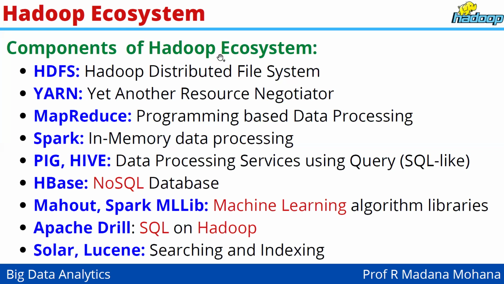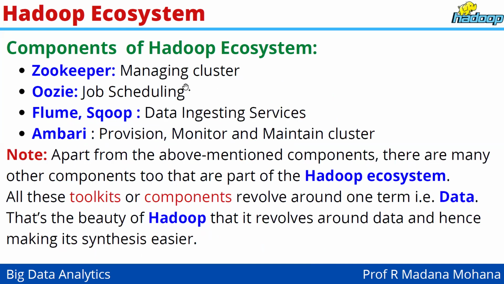Some of the important components are HDFS, which we already saw, Hadoop Distributed File System, then YARN, Yet Another Resource Negotiator, then MapReduce, programming based data processing, then Spark, in-memory data processing, then Pig and Hive, data processing services using query like SQL, then HBase, which is a NoSQL database, then Mahout and Spark ML, machine learning algorithm libraries, Apache Drill, SQL on Hadoop, then Solr and Lucene, searching and indexing related, then Zookeeper, managing clusters, then Oozie, job scheduling, then Flume and Sqoop, data ingesting services, then Ambari, to provision, monitor, and maintain cluster.